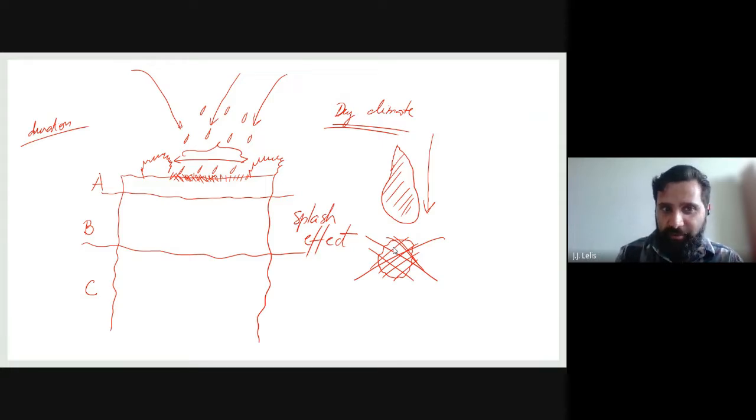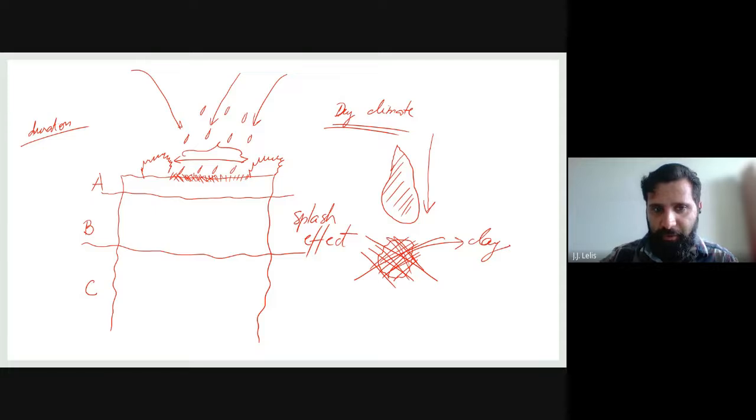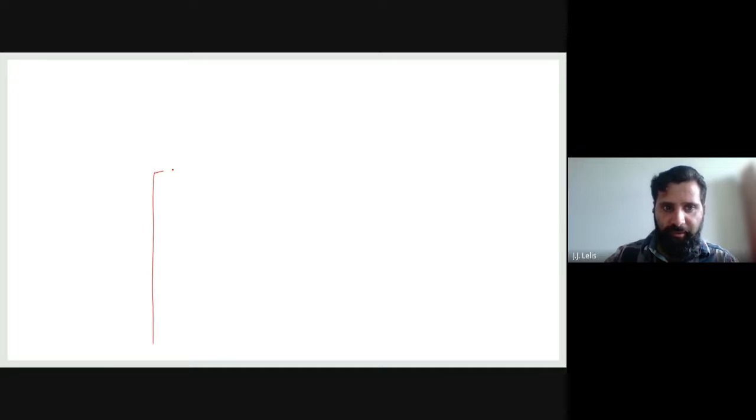Just for this moment, think that you start to break and destroy these pads, these aggregates on the surface, and you release a lot of clay. So in the dry climate, it's quite common at the surface horizon that you produce a lot of clay films on the surface because the aggregates, the pads, are always being broken or destroyed by rain.